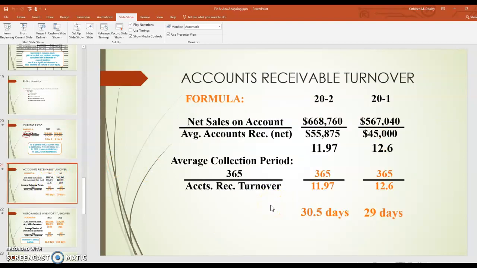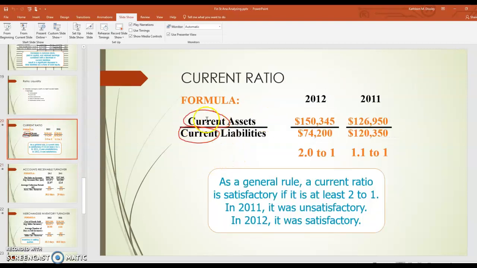Here is accounts receivable turnover. Now I didn't mention the quick or the acid test ratio. What that did was, instead of just all the current assets, it took the quick assets, the assets that are going to change to cash very quickly, as opposed to a whole year.